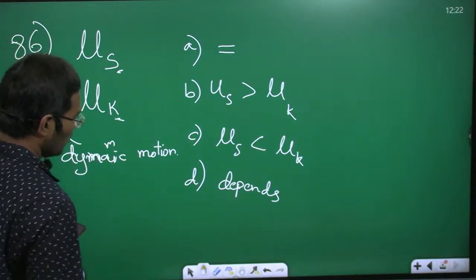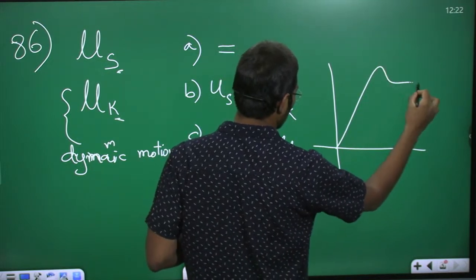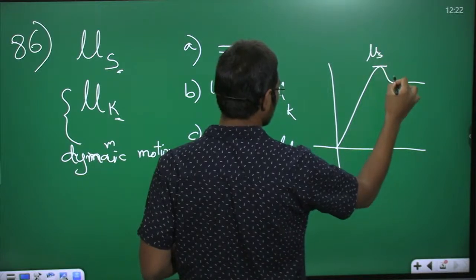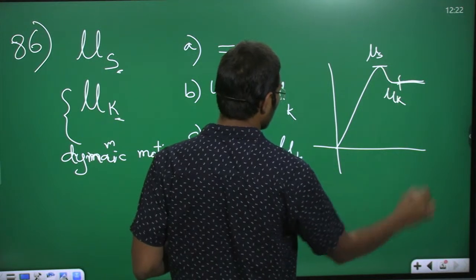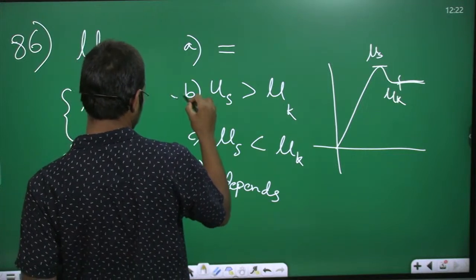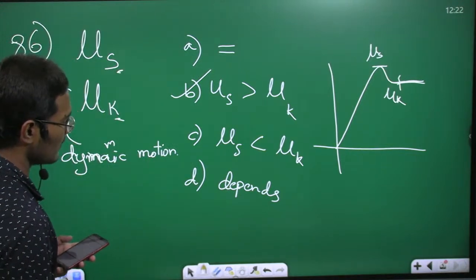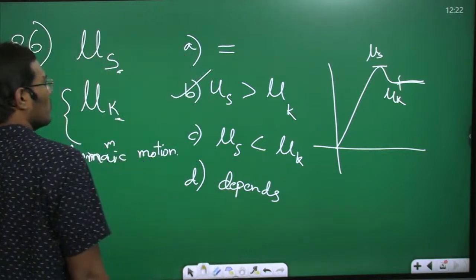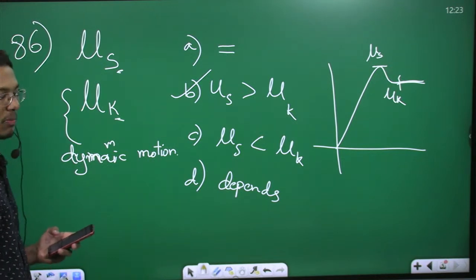So hope you remember that graph. This is the limiting friction mu s and this goes down to mu k. So mu s is always greater than mu k, if you can remember that graph. Mu s stands for the maximum amount of resisting force that a body can provide when it is at rest.